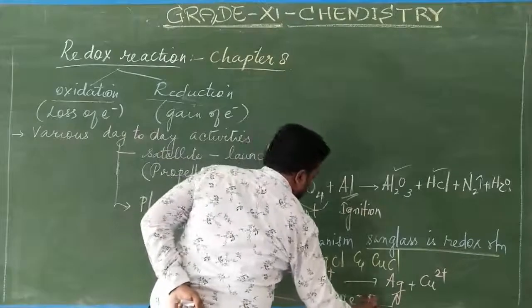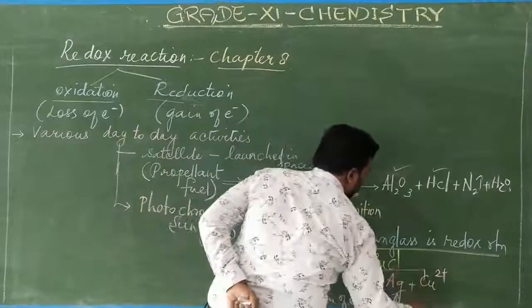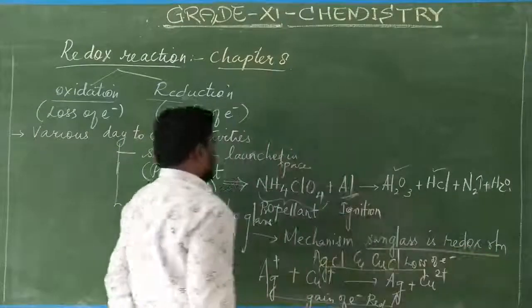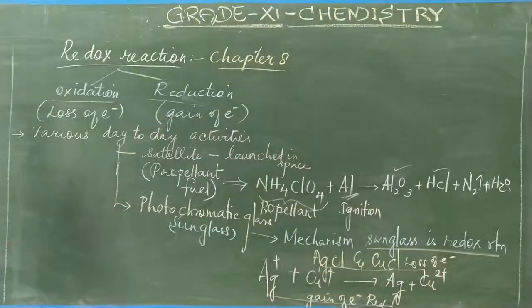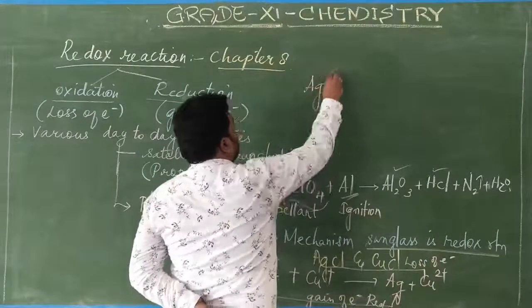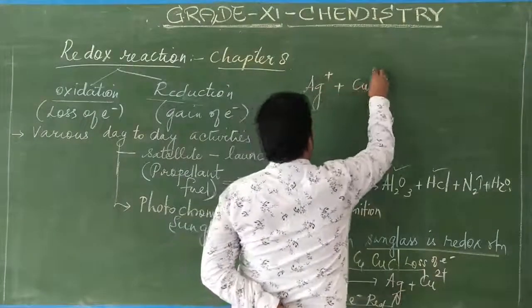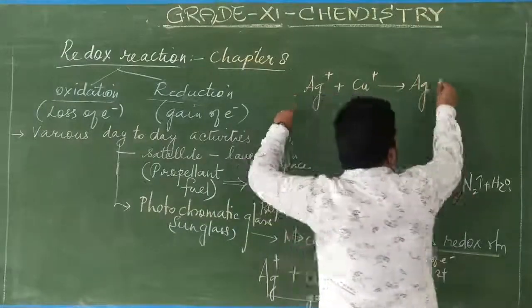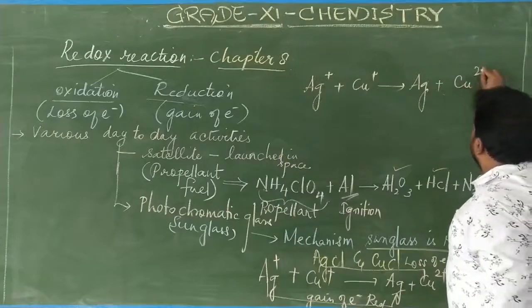Therefore it is a reduction. And here the loss of electrons is happening, so therefore the oxidation is happening. This is an example, photochromatic glass. Again I am writing here: silver plus copper ion gives rise to the formation of silver metal along with Cu 2+.